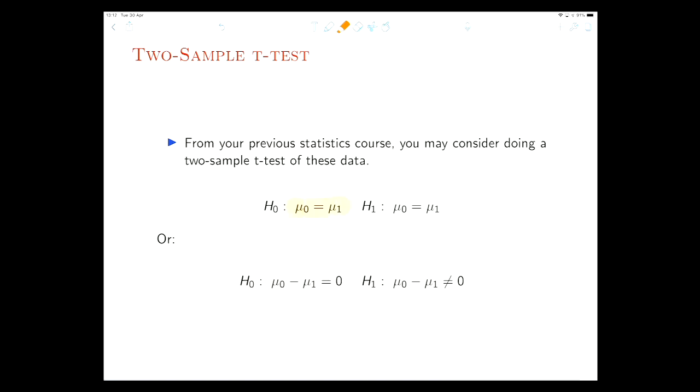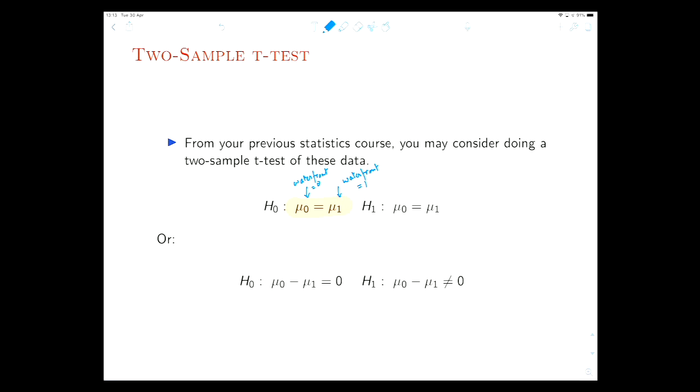So your null hypothesis is that the mean without waterfront is equal to the mean with waterfront. Mu 0 and mu 1 represent the mean of the log price variable, or for that matter, the price variable, where waterfront is 0 versus where waterfront is equal to 1, as just shorthand notation.